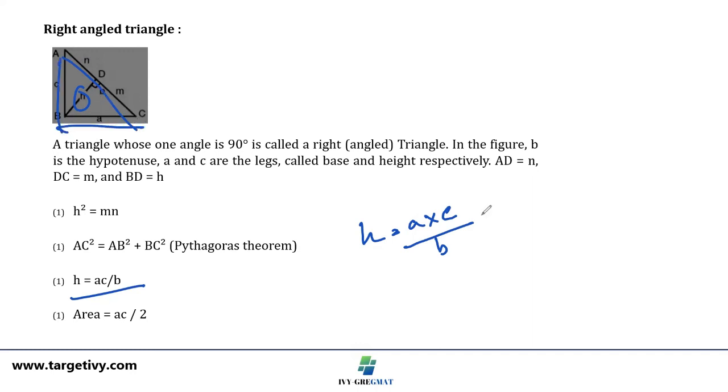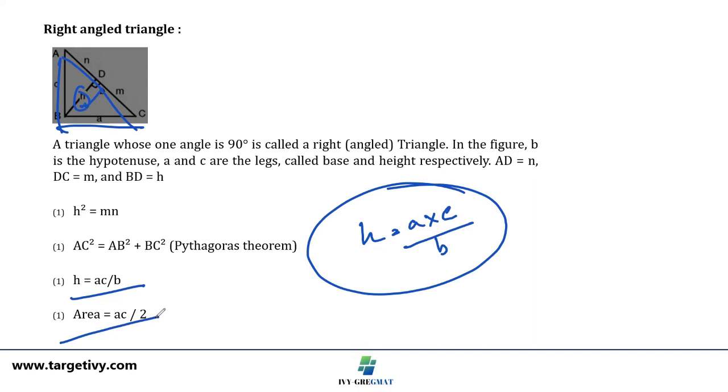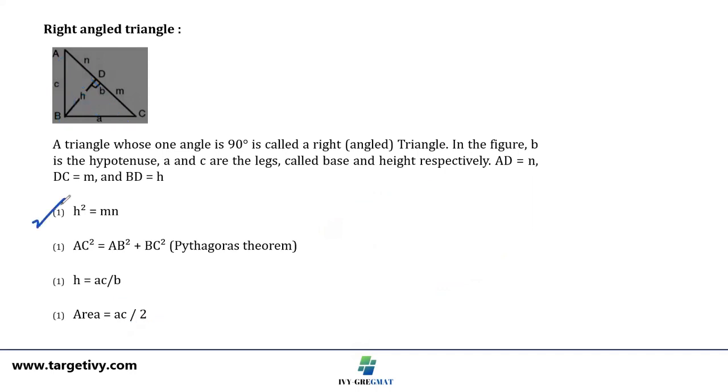AC by B is the length of the perpendicular that has been dropped. And we all know the area is base into height by 2. Important to note these three things. This is relevant only in case of right angle triangle.